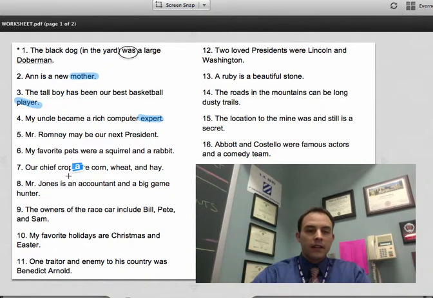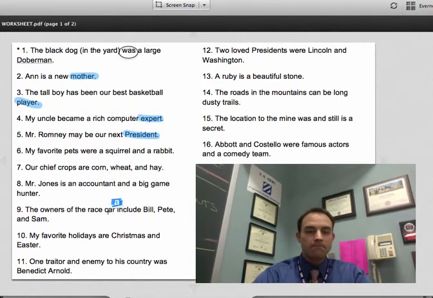The next one down, Mr. Romney may be our next president. Well, you can tell this is outdated, and that's not true. But Romney would be the subject. May be would be the linking verb or linking verbs. And president would further clarify what he may be. And you guys can see that we're making a connection between Romney potentially being a president there.